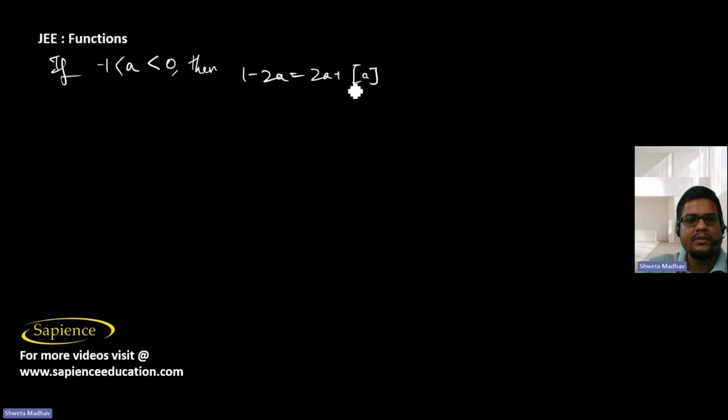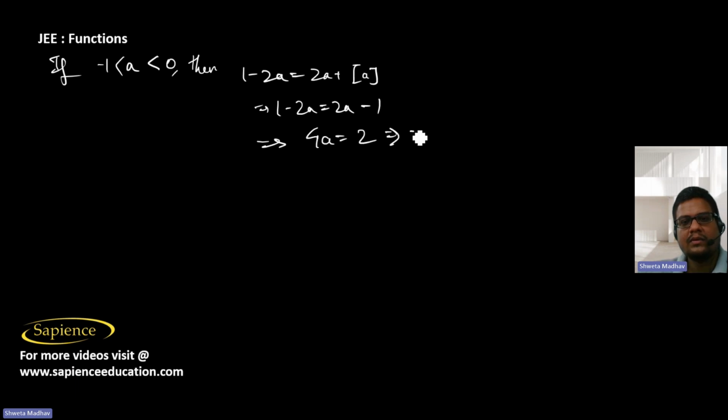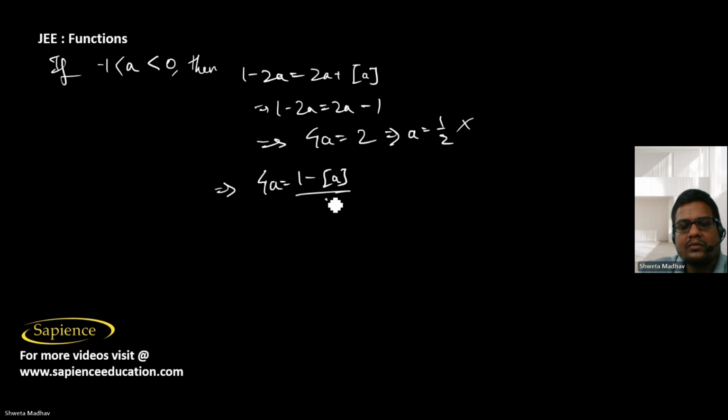Now bracket a will be minus 1. So this will be 1 minus 2a, that is equal to 2a minus 1. So then I will say that 4a is equal to 2, so a equal to half. So which can't. From here actually we will get 4a equal to 1 minus bracket a, so a will be 1 minus bracket a by 4.